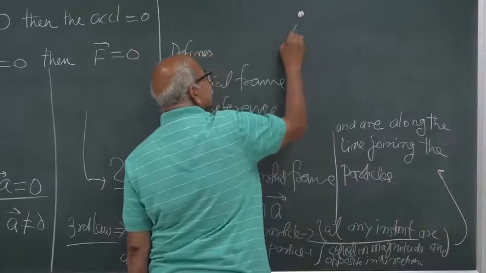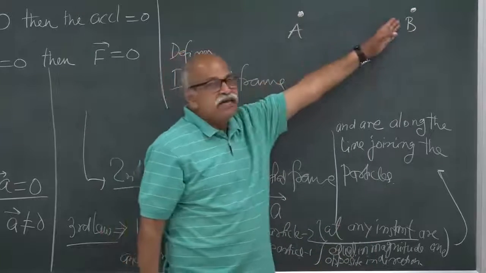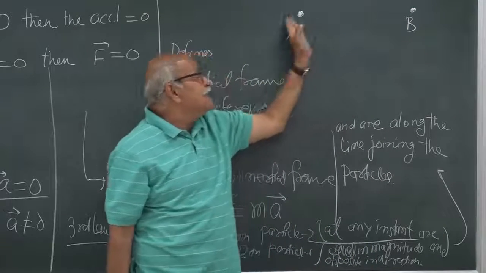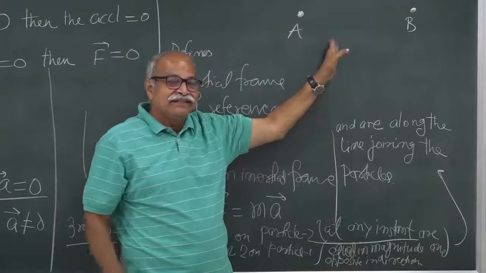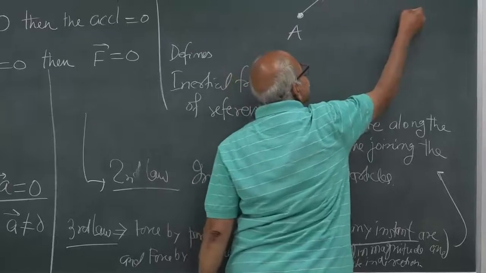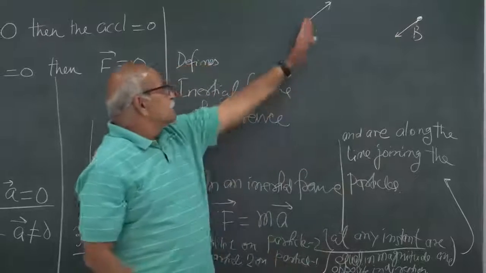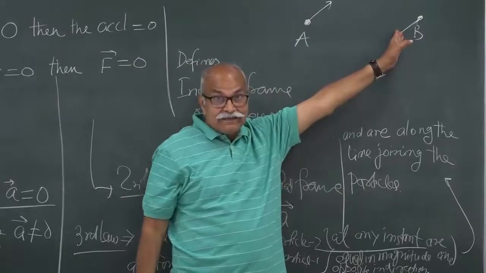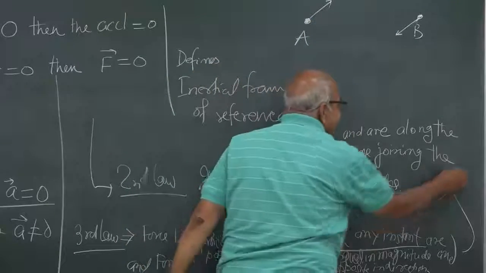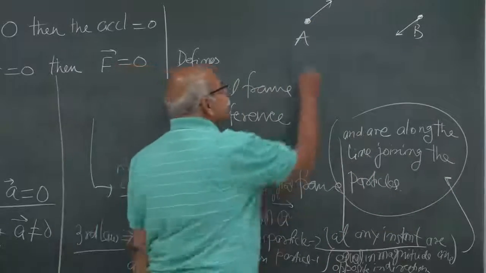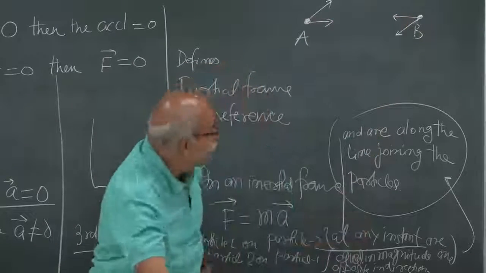If you have a particle here A, and a particle here B, the force by A on B and force by B on A at any given instant are equal in magnitude, opposite in direction, but that could have been this way, that could have been this way. The directions are opposite. The magnitudes are equal. So, this statement is satisfied. But the other part which you can add is that no, these forces are along the line joining these two particles.